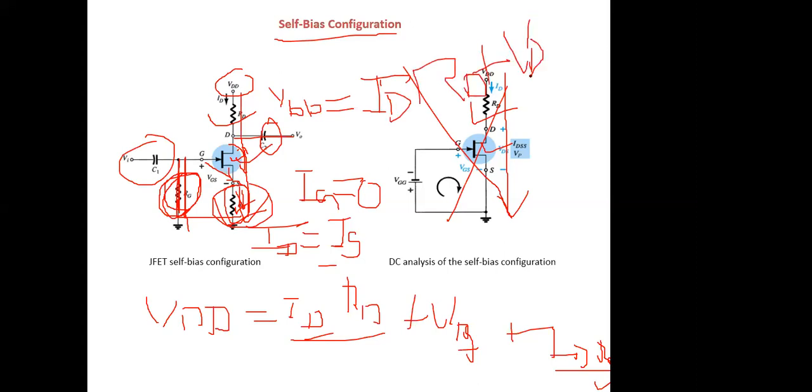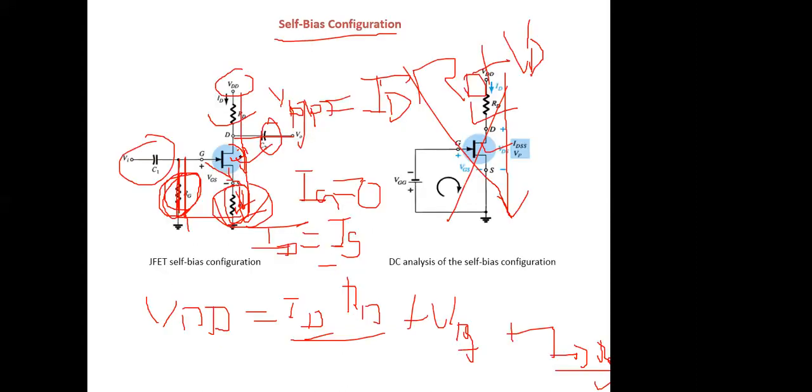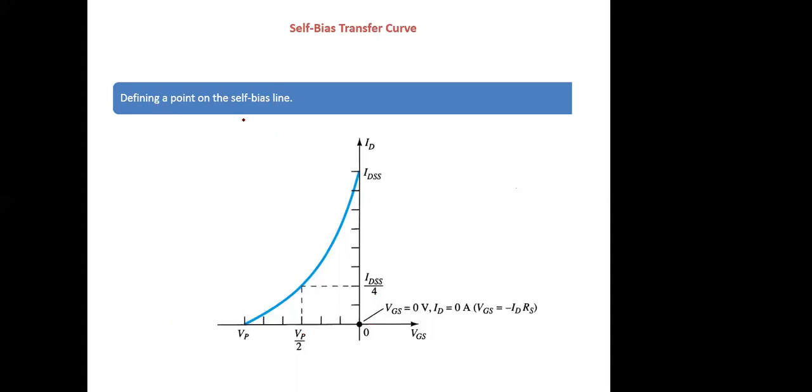So from this, if I make the equation of VD, it will be VDD minus ID RD. Keeping that value into this, we will have VDD minus VRD, that is this drop. This is not much important because I just want to show you this curve. So this is for this circuit. If you plot the transconductance curve, you'll have this curve.